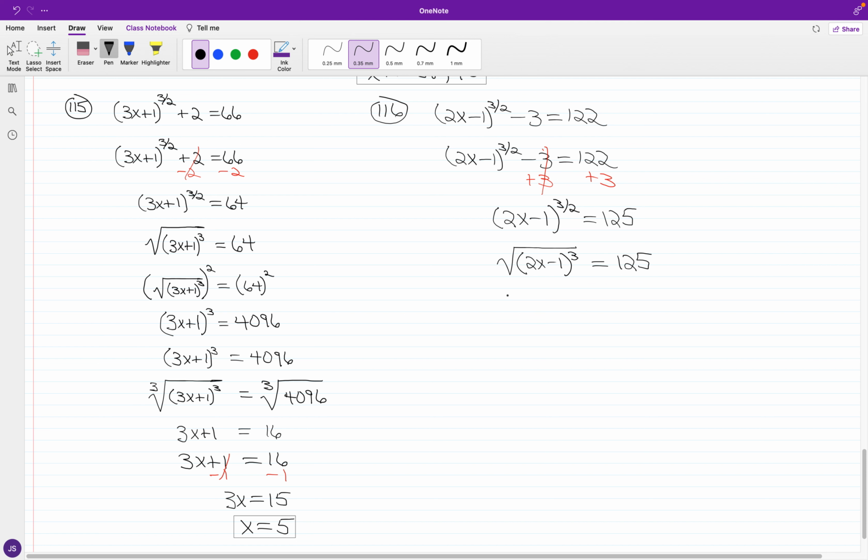So here I got a square root. Again, I can eliminate the square root by squaring both sides. For what I have to the left, this will be the cube of 2x minus 1, and 125 squared is going to be a very large number in comparison to what we've worked with. So we have 15,625.